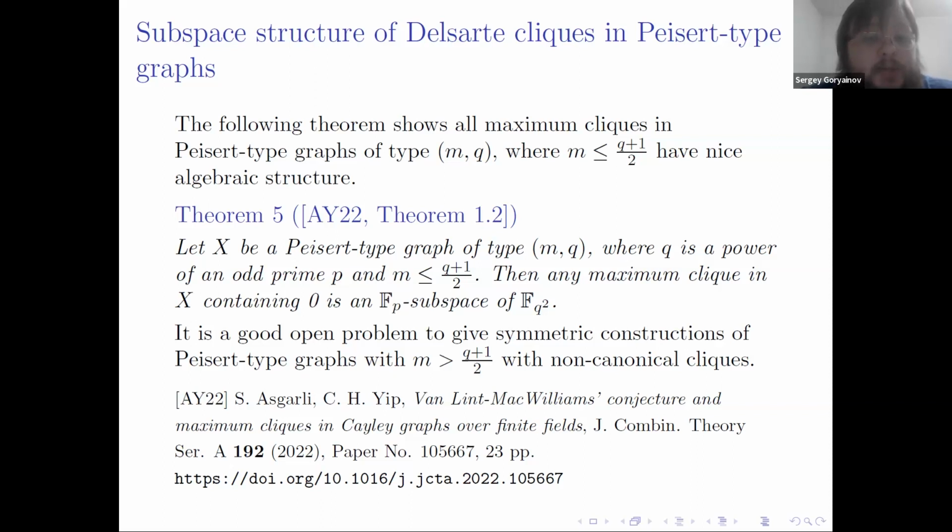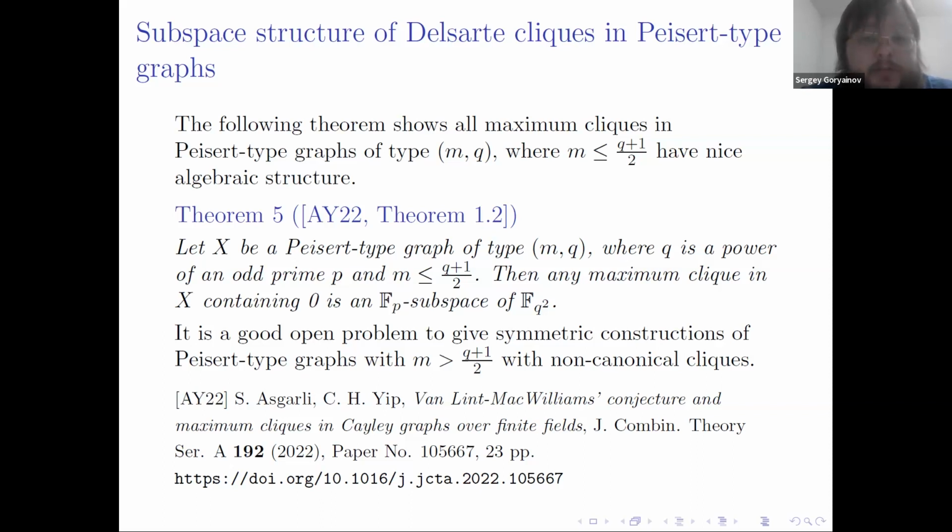Let X be a Paley type graph of type (m, q), where q is a power of an odd prime p, and m is at most (q+1)/2. Then any maximum clique in X containing 0 is an F_p subspace of the finite field F_{q^2}.